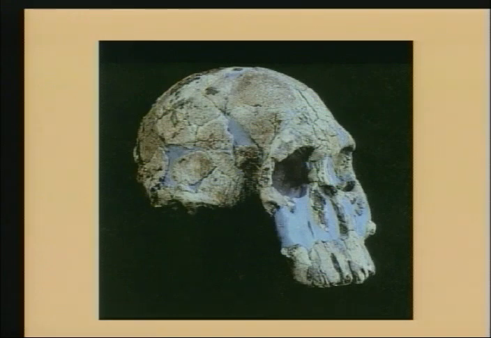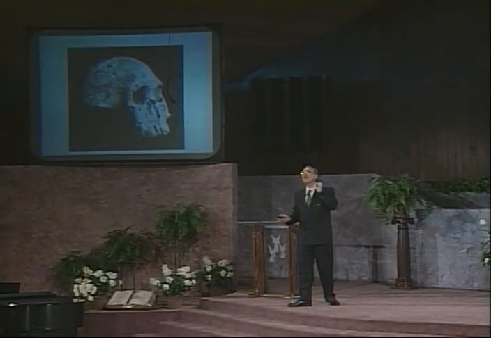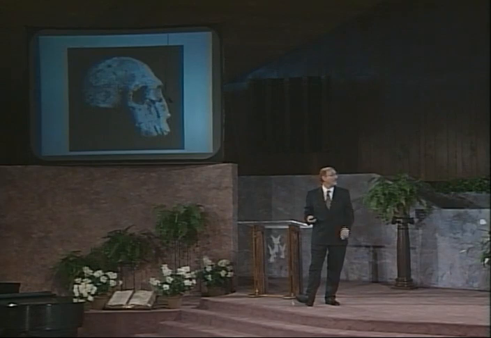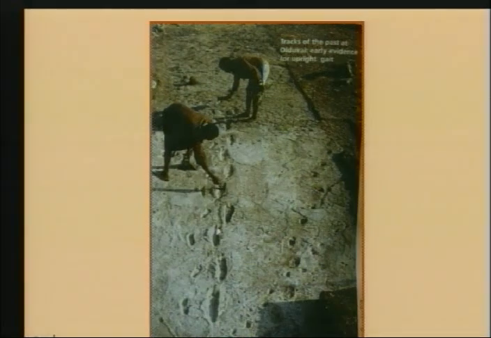That's what they've got of him. That's it. And they say the skull is 100% ape. No doubt, he's an ape. No doubt. But he probably walked upright, so they say. Why? Because you find footprints at Olduvai of human-type footprints, and they say that they were made by Australopithecus.